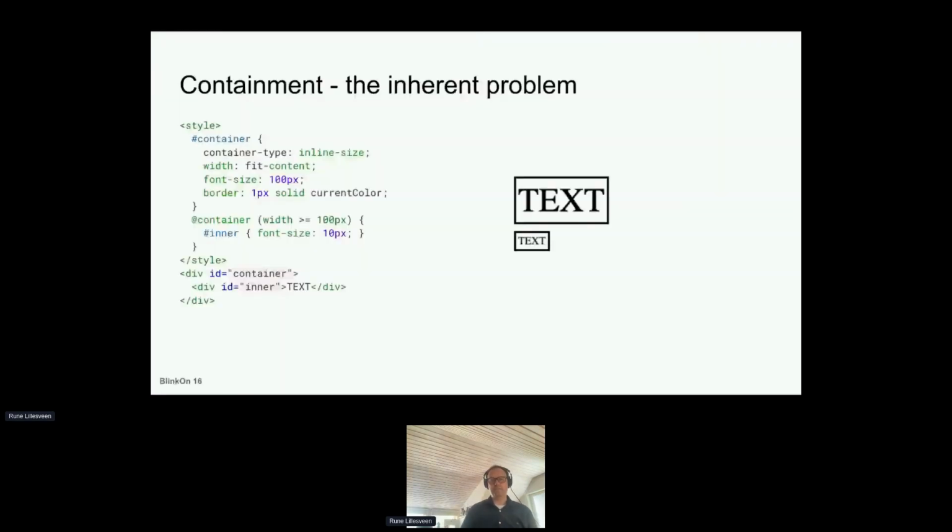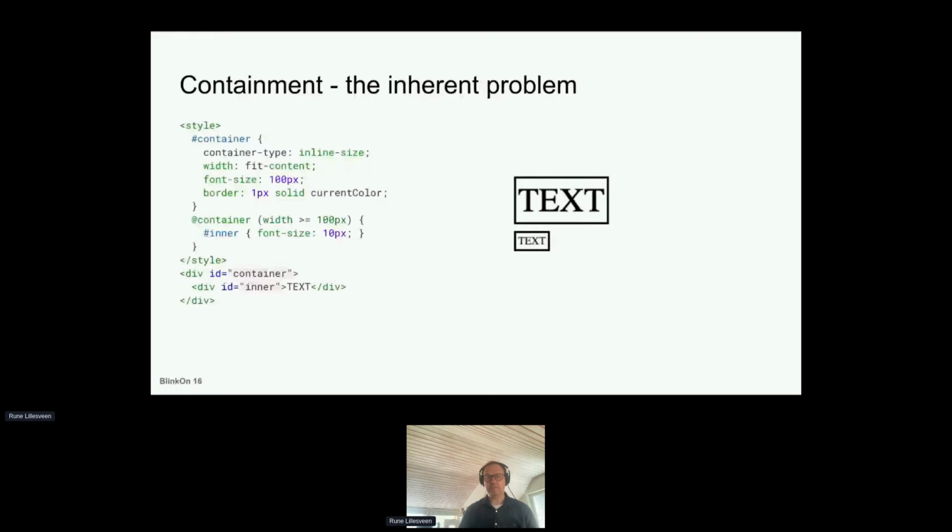Here's an example of what the basic problem is. This is a container which just contains an inner element with text, and the container is sized based on the intrinsic size of the container. And we query the container and change the font size of the inner element based on the container size.